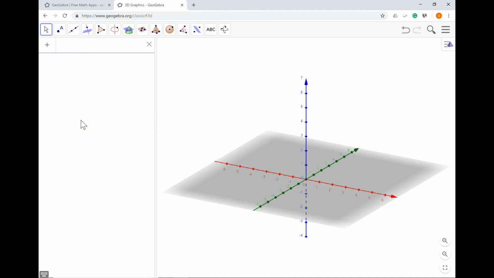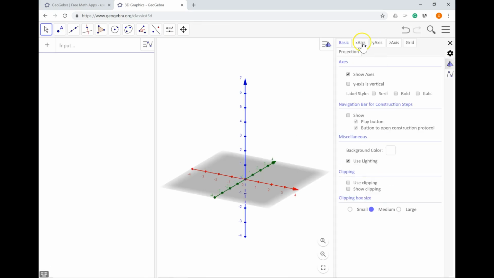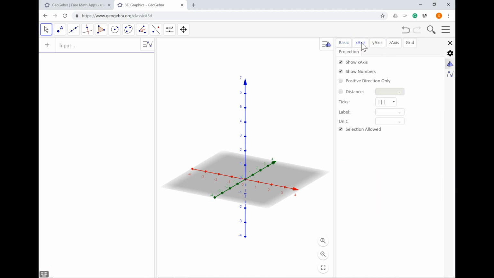So here's the three-dimensional coordinate system in GeoGebra. One thing that bothers me a little bit is that they don't initially label the axes. What you can do is right-click and go to 3D graphics, and it will show you the standard tabs: x-axis, y-axis, and z-axis.